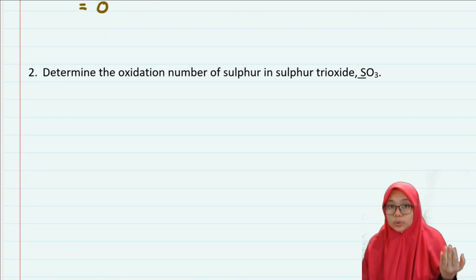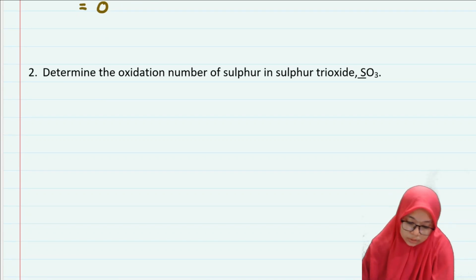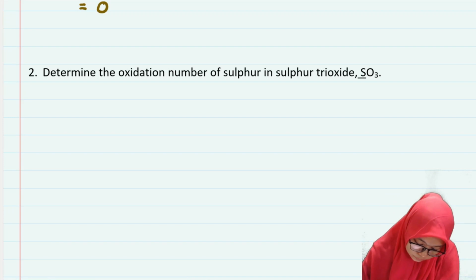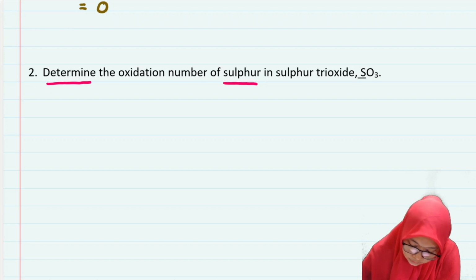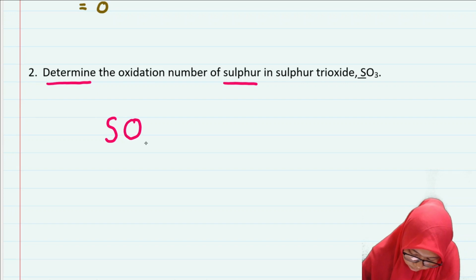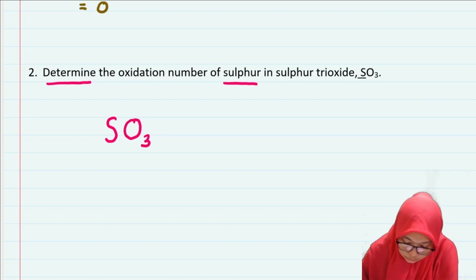Okay, let's look at the second example. Now, tadi itu summation. Now, we want to determine the oxidation number for sulfur in sulfur trioxide. So let me write down the formula first. So this sulfur trioxide, okay, is a molecule.